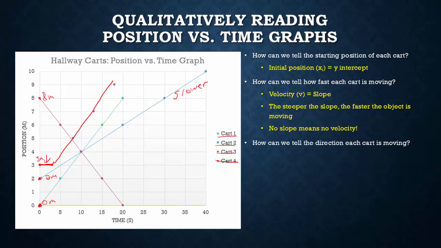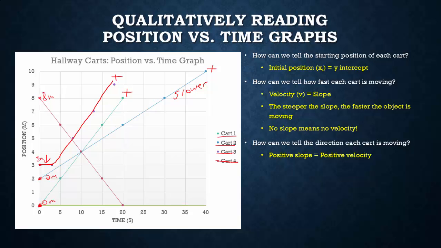Well, how can we tell which direction the cart is moving? Again, we want to keep in mind what's going on with the slope, since the slope is telling us velocity. If the cart has a positive slope, as represented by cart number 1, 2, and 3, then that means the object is moving in the positive direction. A positive slope is angled upwards, meaning the cart is moving in the positive direction.